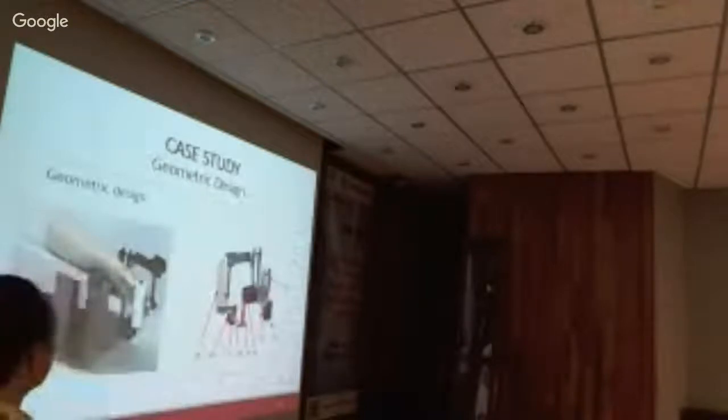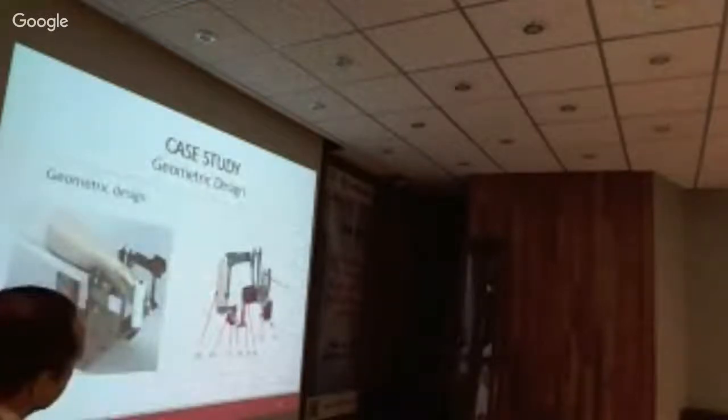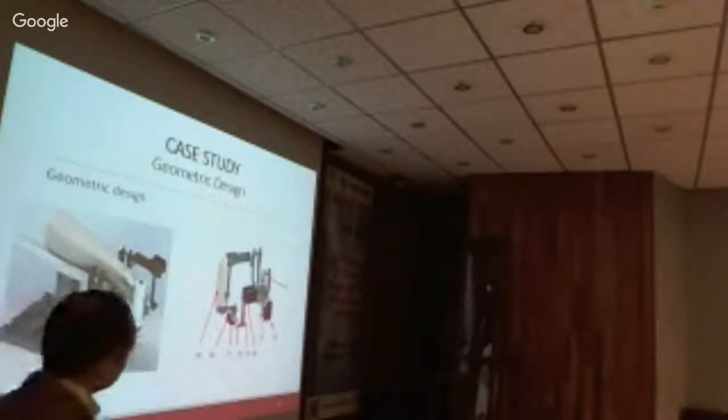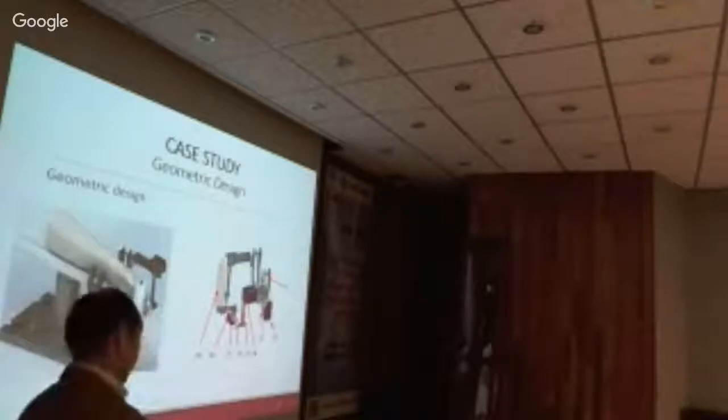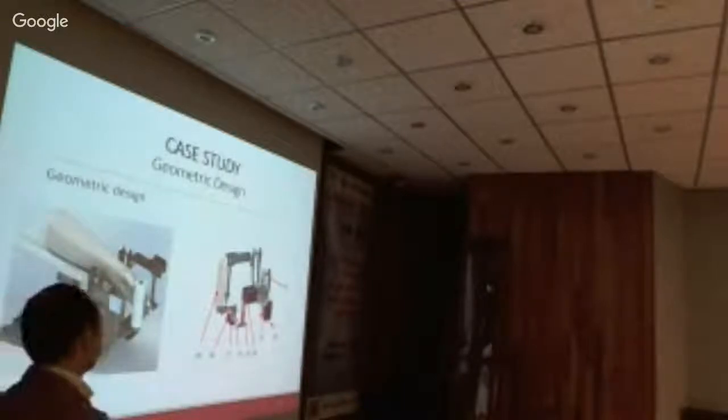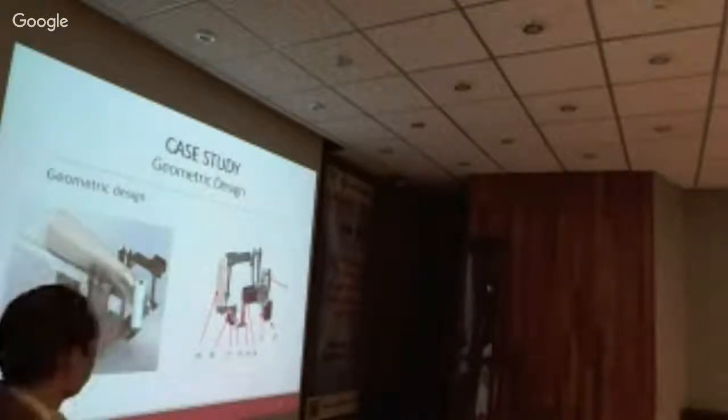We developed the geometrical design, where here you can see the 3 axes of movement that we established to perform a rehabilitation. The first servomotor is actuated here to perform the pronation and supination movements.